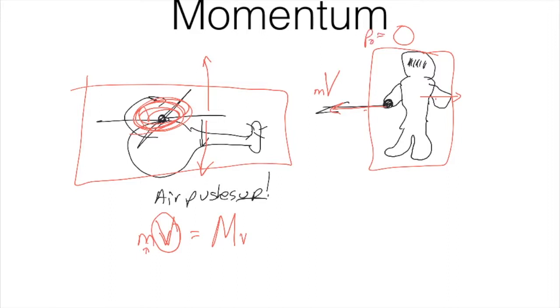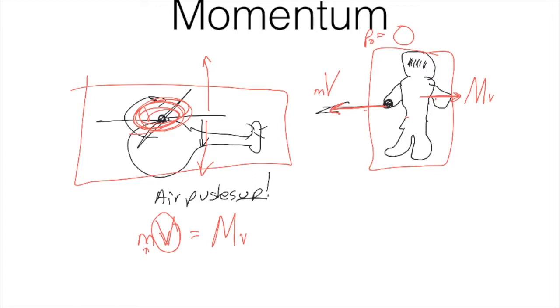Initially, there was no momentum. The astronaut was at rest, the ball was at rest. In the end, I've got the ball traveling to the left, so to balance that out, I need momentum to the right, which is going to be my astronaut. Now, of course, the astronaut has a much larger mass, so his velocity is going to be small. Conservation of momentum. We'll look at one more situation.